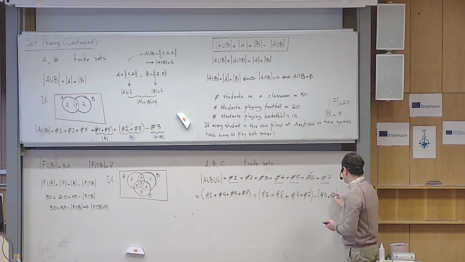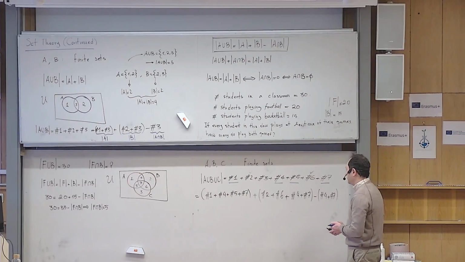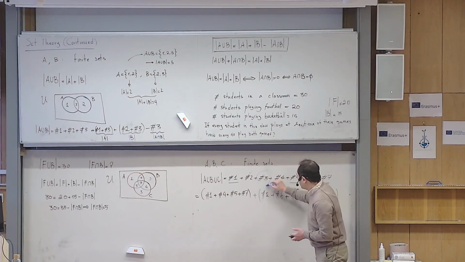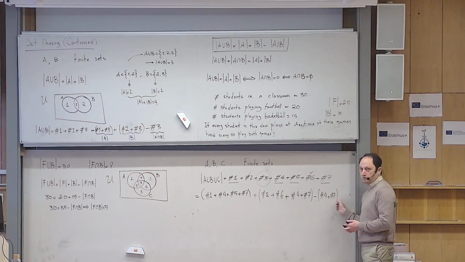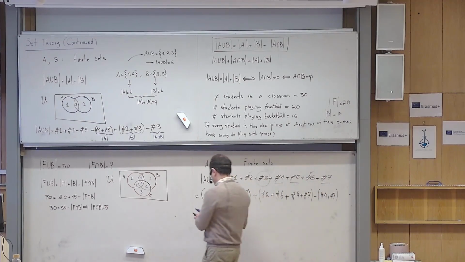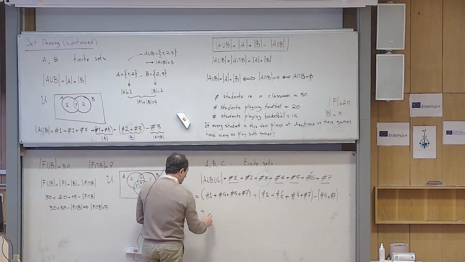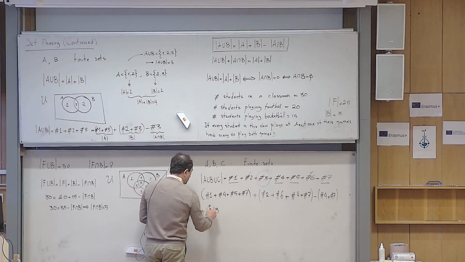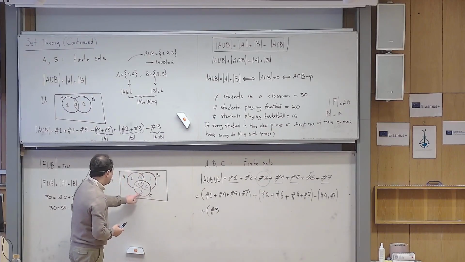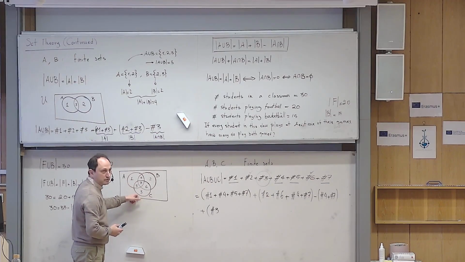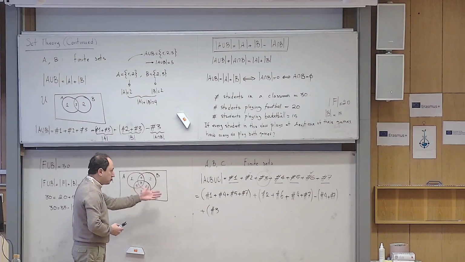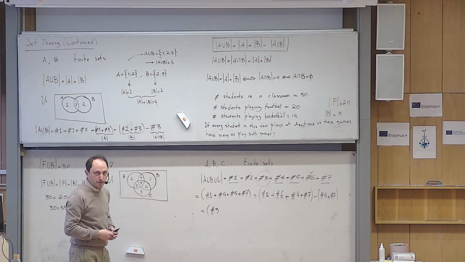So don't get confused. What is left for us for the time being? Only 3 is left. Agree with me? Okay. But then when I write 3, what should I write? 3 doesn't have a good name here. But 3, 6, 7, and 5, in total, I can call them cardinality of C. So again, I include them, but because I don't have them, I have to immediately exclude them.